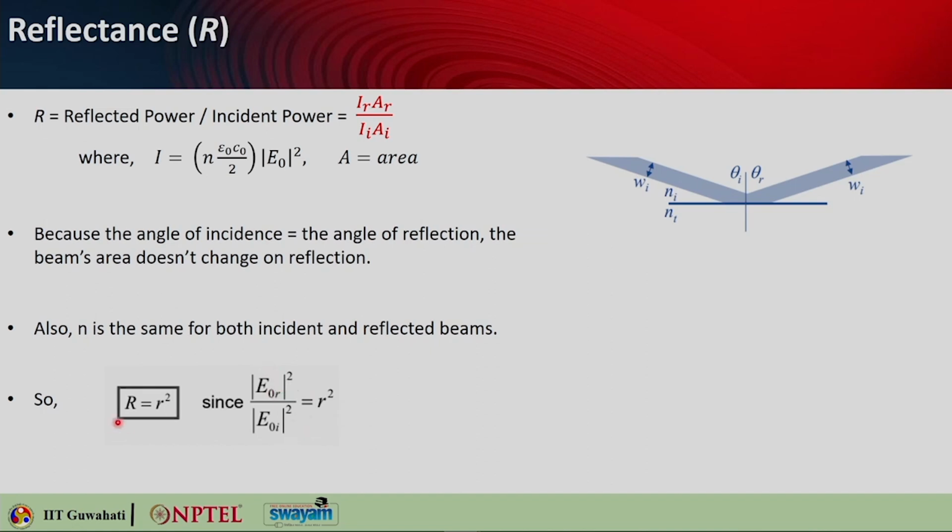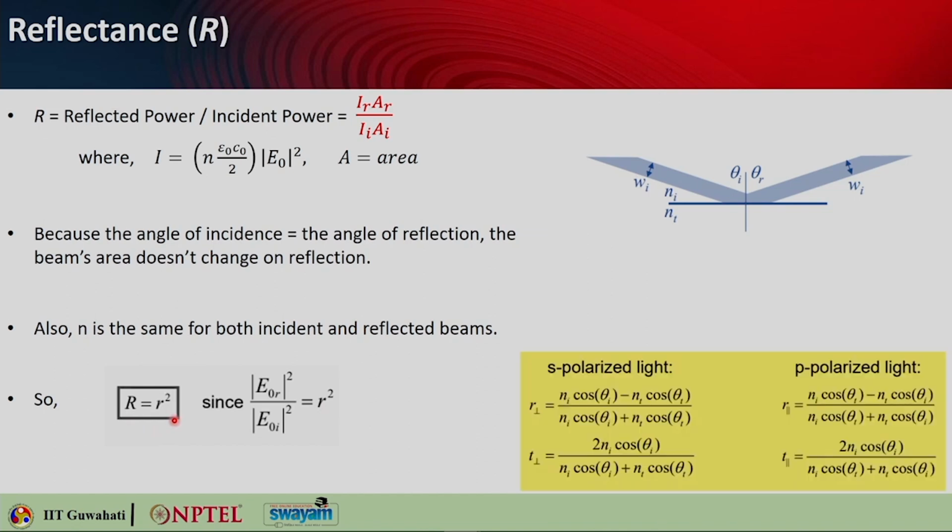So capital R, the reflectance, is nothing but the reflection coefficient squared. Again, depending on the polarization of the electric field, whether it is S or P polarized, you choose either the formula for R perpendicular or R parallel.